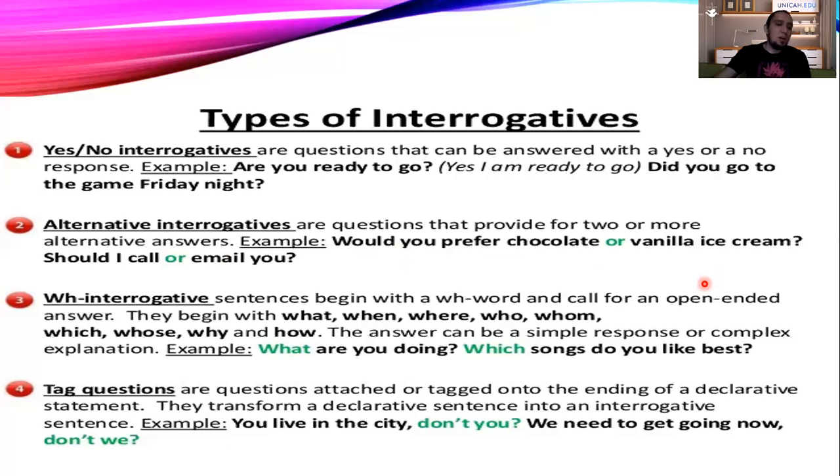Then we have WH interrogative or WH questions or information questions. They are called WH because these questions begin with WH words. What, when, where, why, who, and sometimes how. Obviously, it's different from yes no questions because in this case, we need a very specific answer.